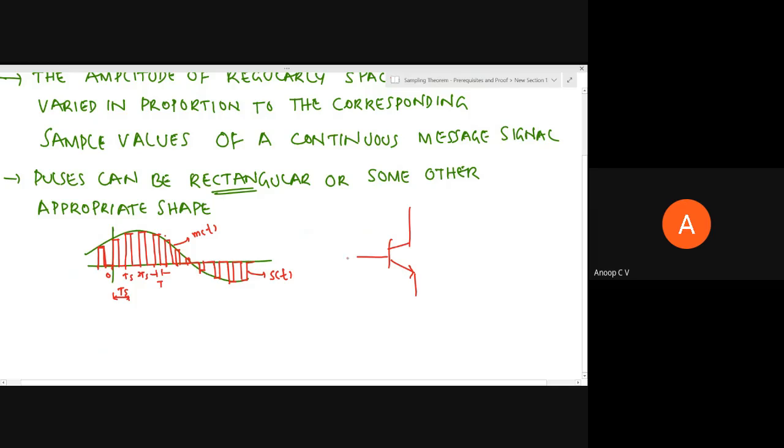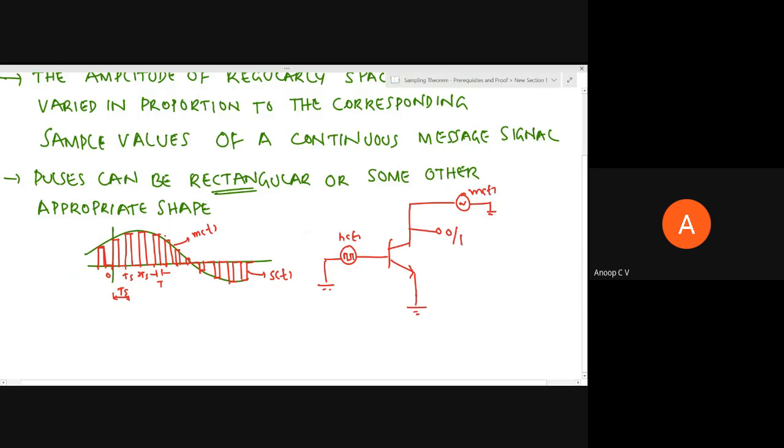You give the rectangular pulse to the base, which will be sampling the signal, and the message to be sampled is given to the collector, and the emitter is grounded. During the positive half cycle, when this pulse, I'll call it h(t), is positive, the transistor will be on, driven to saturation. So the output will be pulled down, it will be grounded.